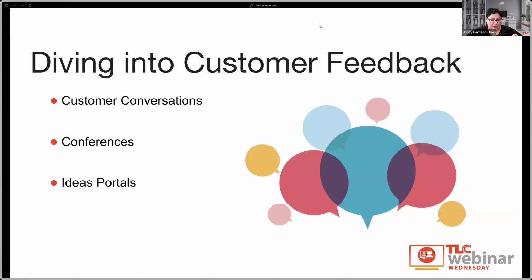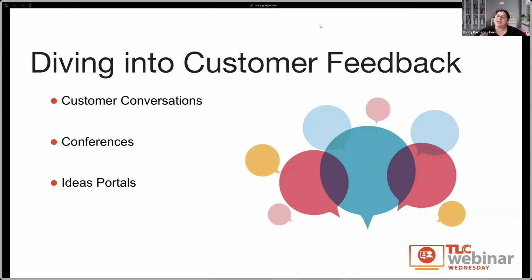Our last option here is our ideas portals, where we're really giving our customers the ability to dive in and have an idea for a product, a service, a functionality, a workflow that they would love to see within the product or would love to improve in the product.